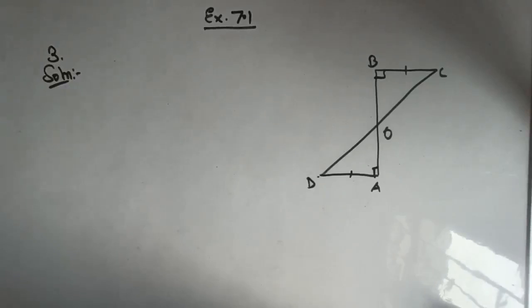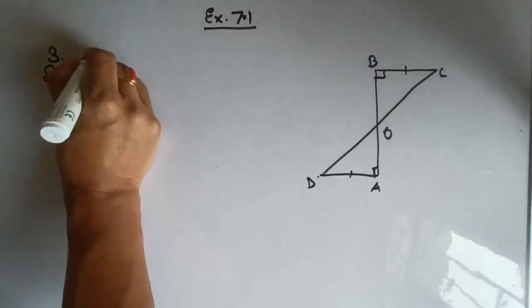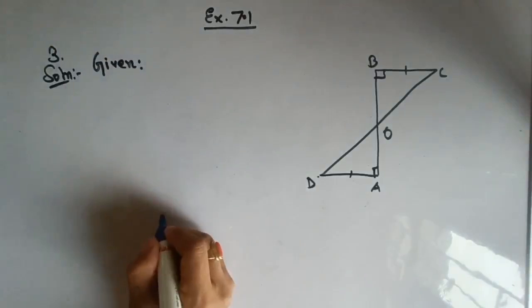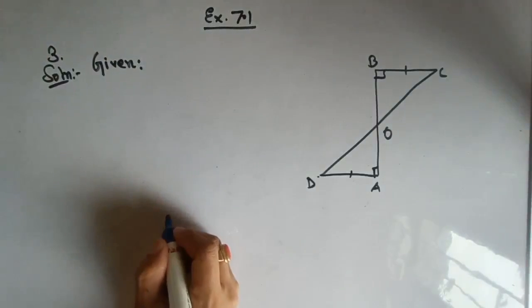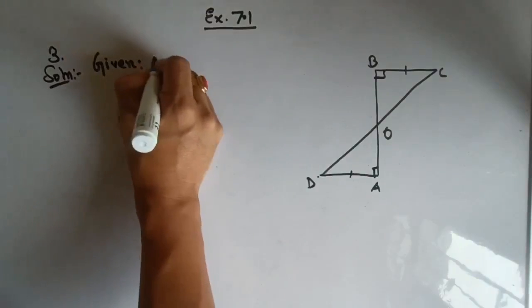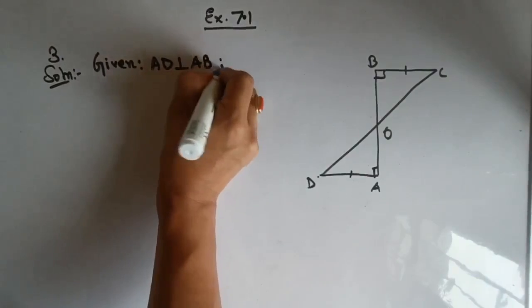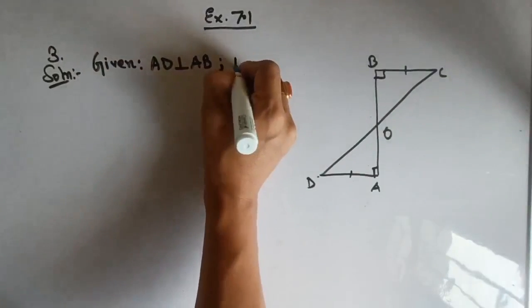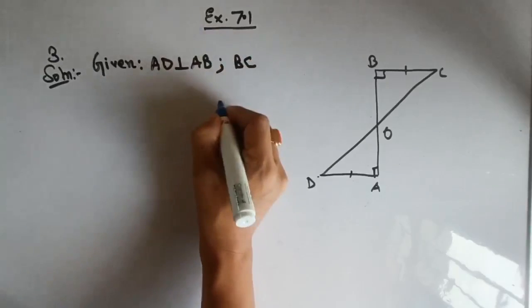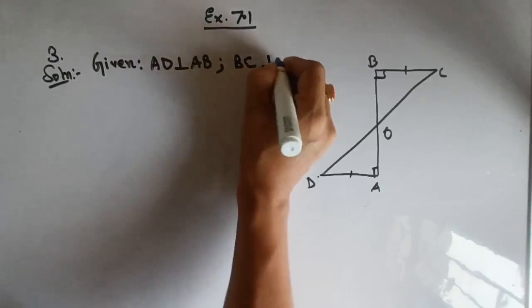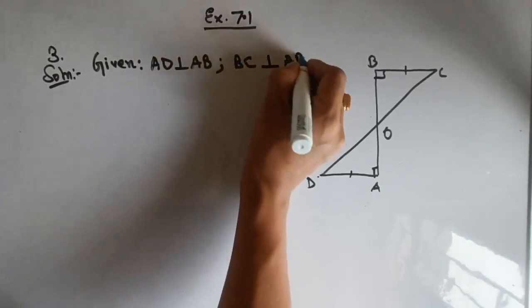Exercise 7.1, question number 3, solution. First, we will write down the given information. AD and BC are perpendiculars to line AB. So AD is perpendicular to AB, and BC is also perpendicular to AB.